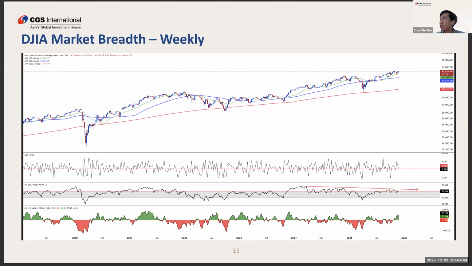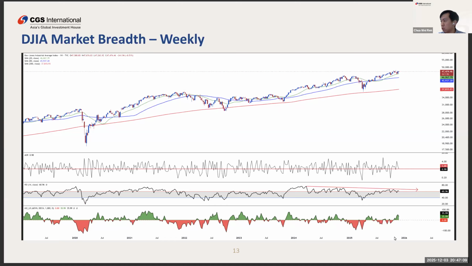The momentum has dipped, but we do not see any stronger correction right now. It's still very much supported above the 50 and 20 weeks EMA. So perhaps any correction down is a good level to buy, to accumulate on weakness.